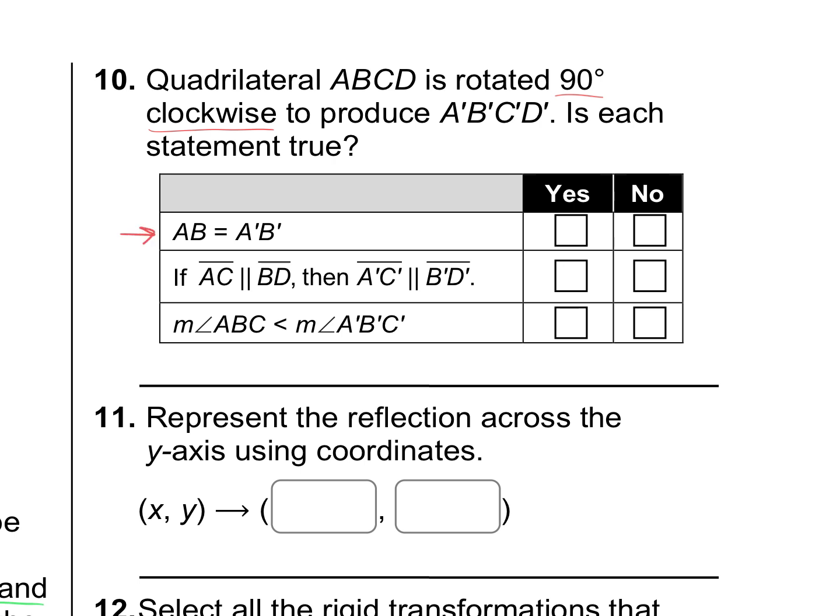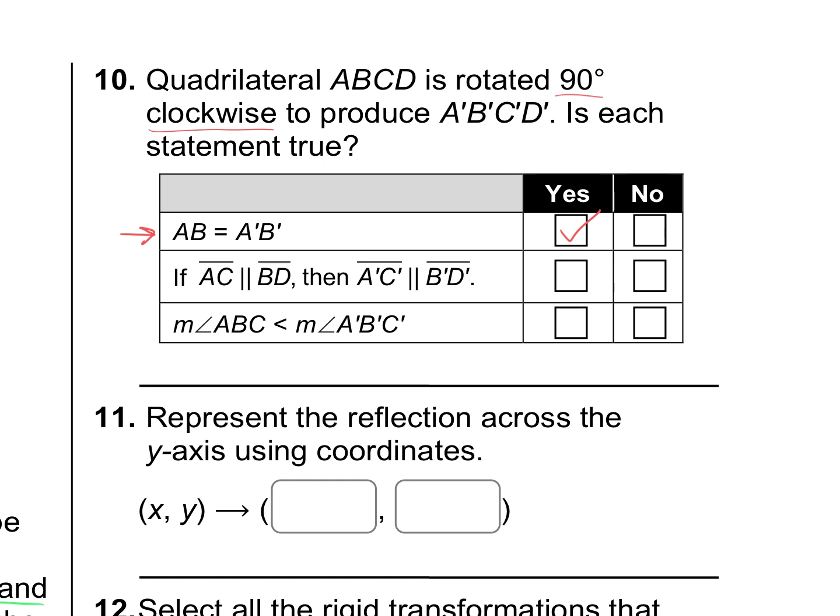Here, I want you to understand that whenever it's talking about sides, it's talking about side lengths. Okay, so if it says AB equals AB prime, they're talking about their side lengths, not the specific side. Okay, so is it true that AB is equal to A prime, B prime? Would those lengths of AB stay the same after a rotation? Yes. Yep. After rotation, the lengths are going to stay the same.